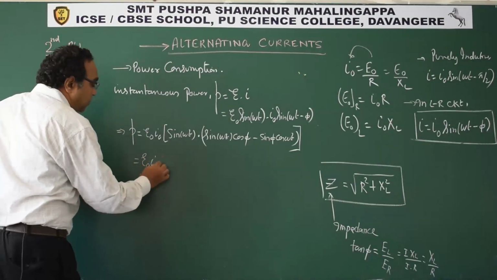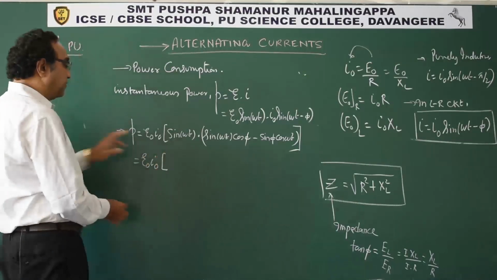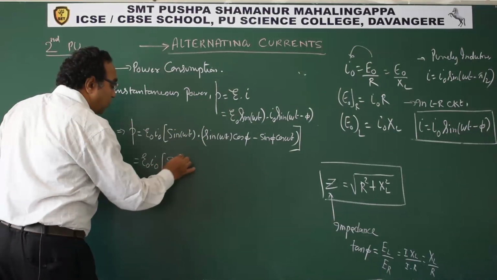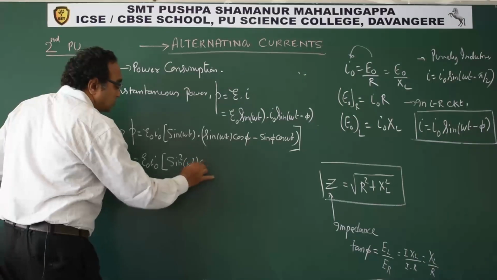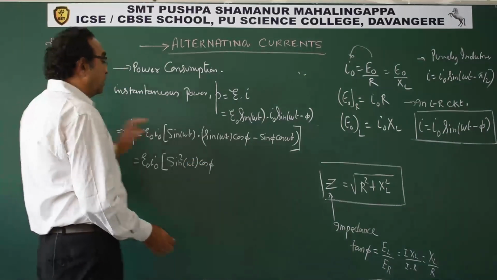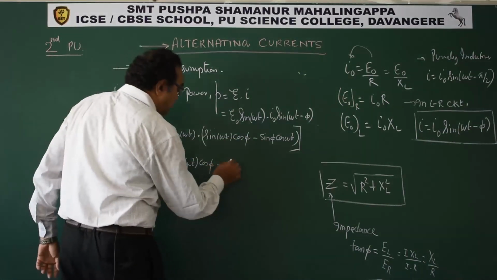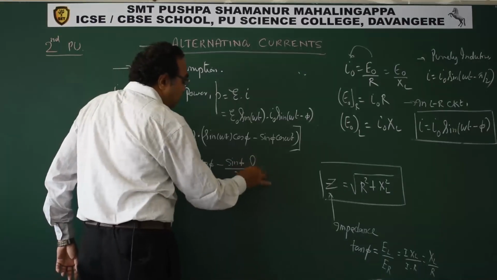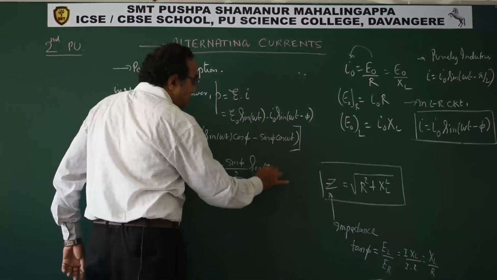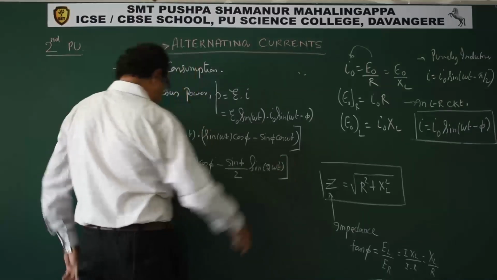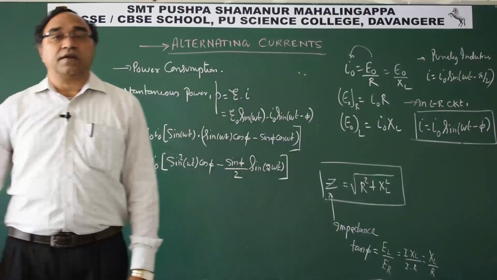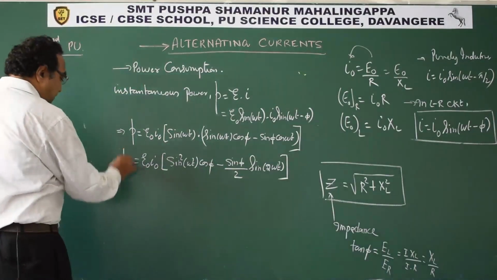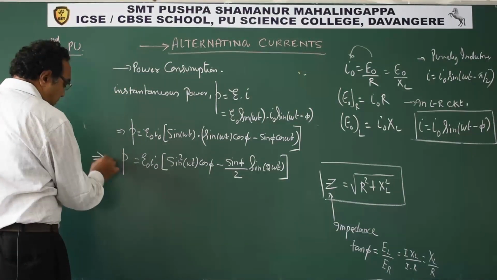So E naught I naught, sine square omega t cos phi minus sine phi divided by 2 into sine of 2 omega t. This is exactly how we can simplify the given expression. This is what we get as instantaneous power.